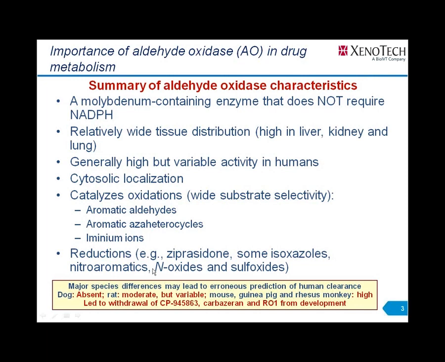But the major point that we'll cover is that there are major species differences, and these can lead to erroneous prediction of human clearance. For instance, in dog, the aldehyde oxidase gene is a pseudogene. In rat, you have moderate but quite variable activity depending on the strain. Mouse, guinea pig, and rhesus monkey have generally been considered to have high aldehyde oxidase activity, but as you'll see, that's somewhat substrate dependent.